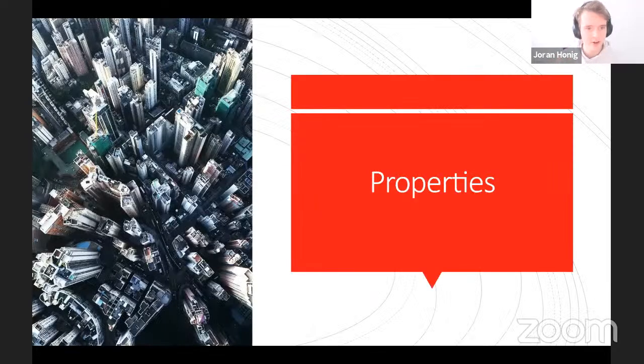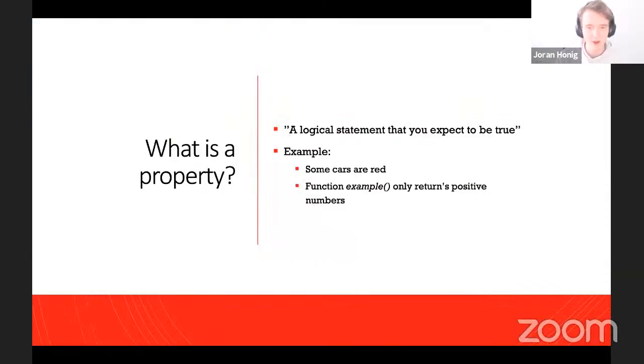So this introduction starts with properties, and we need to figure out what properties actually are. Really, the simplest statement to describe properties is that properties are logical statements that you expect to be true. For example, some cars are red, or a function only returns positive numbers.